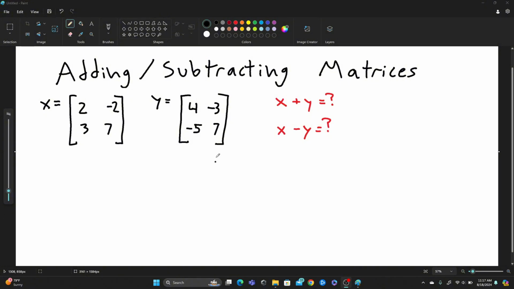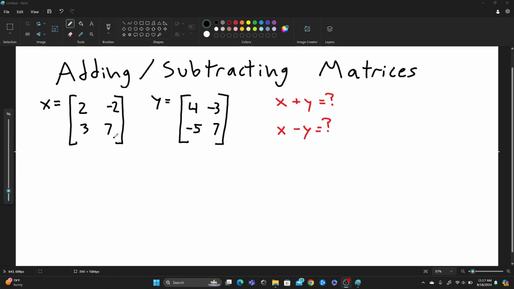Next we're going to be looking at how to add and subtract matrices. So up here on the top left we can see matrix X and matrix Y. So they're both 2 by 2 matrices because they each have 2 rows and 2 columns. So first we're going to try to add these two matrices together.